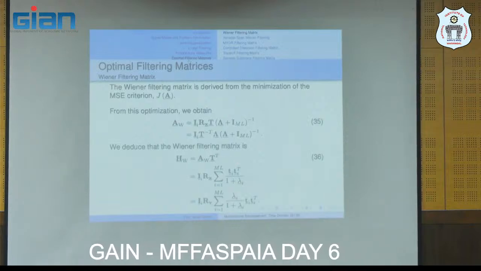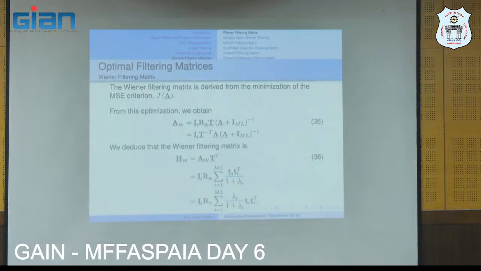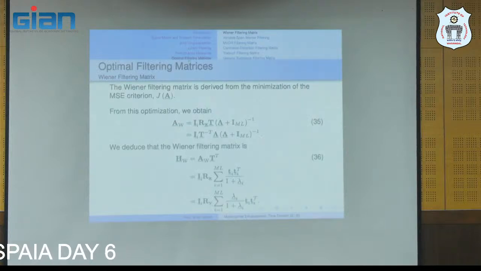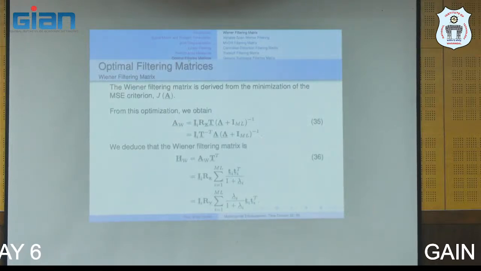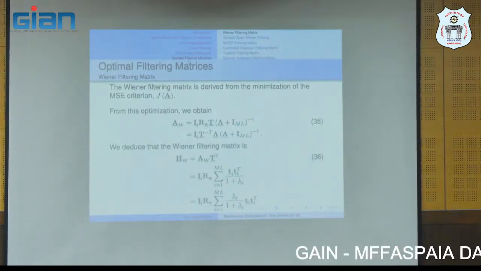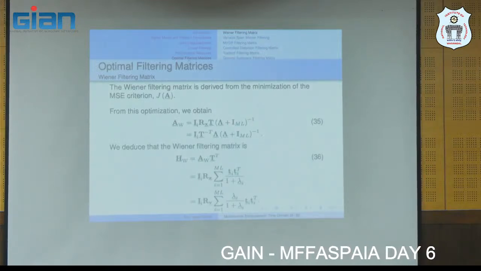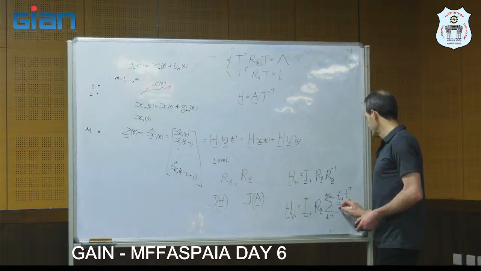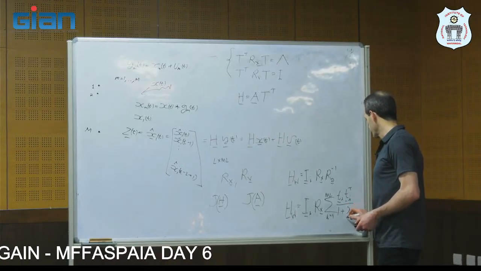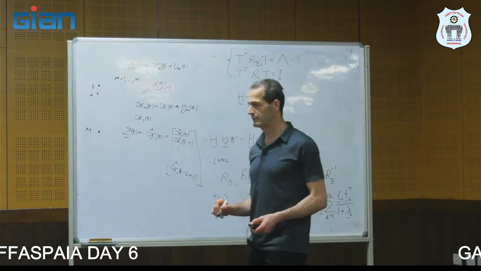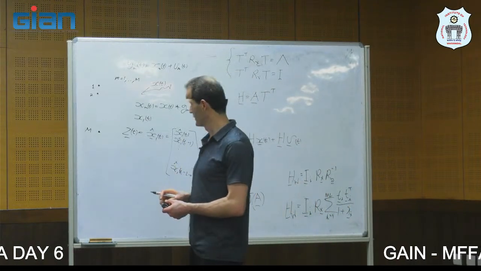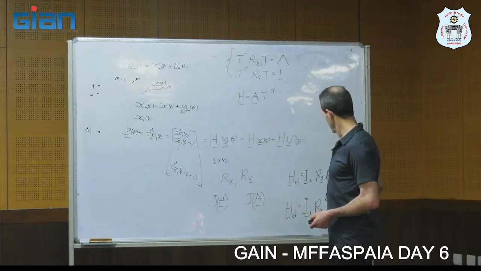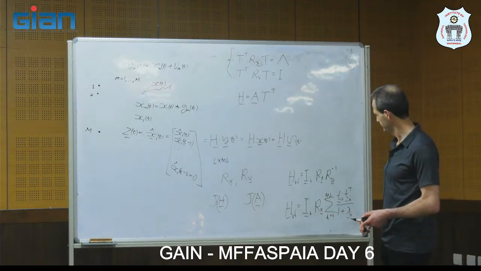We got it as I_i R_x times the summation from i equals 1 to ML of t_i t_i transpose divided by 1 plus lambda_i, where t_i is the i-th column in the matrix T, and lambda_i is the i-th element along the diagonal of the matrix lambda, which holds the eigenvalues in decreasing order.